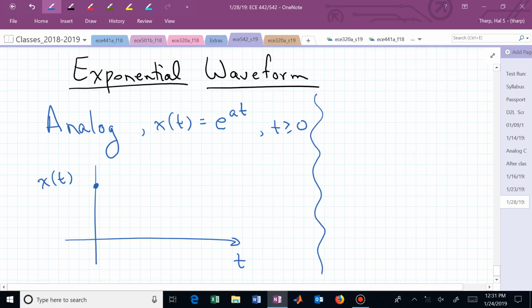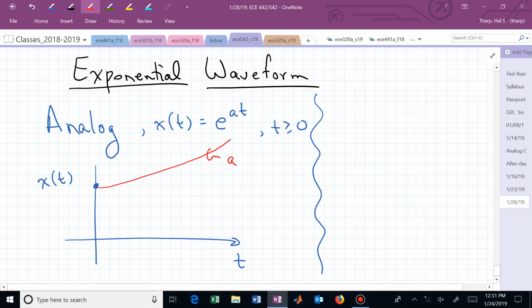And on the right hand side of that curly separator will be our Laplace transform expression, but you can see that what x of t looks like obviously depends on a. If a is bigger than 0, then this is going to just go unbounded.